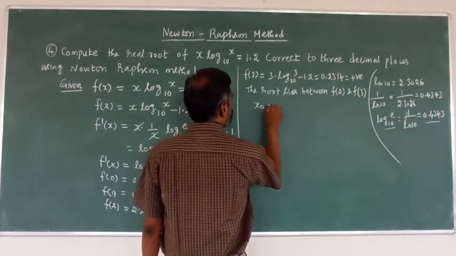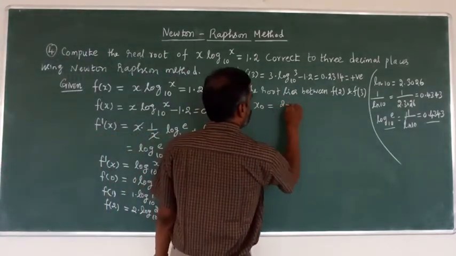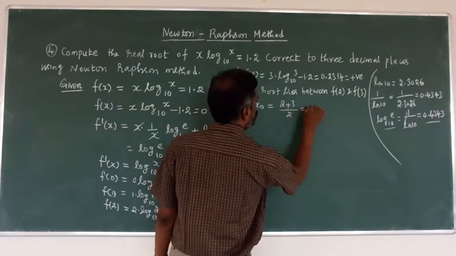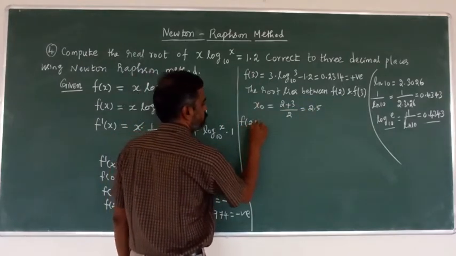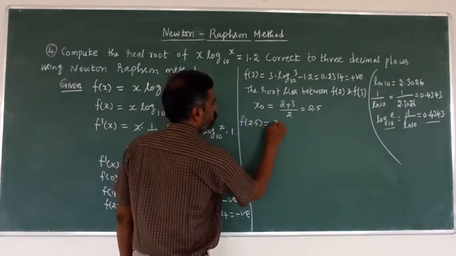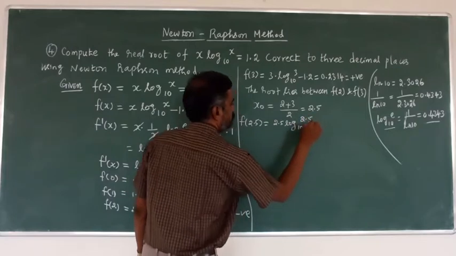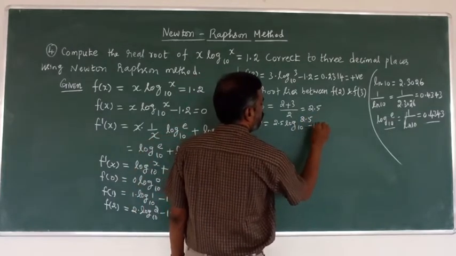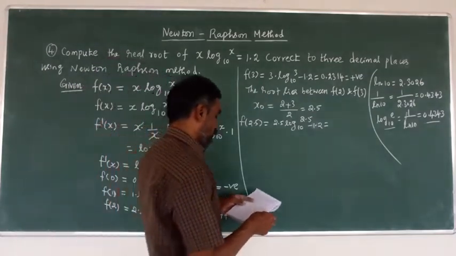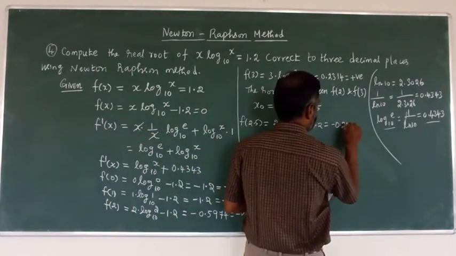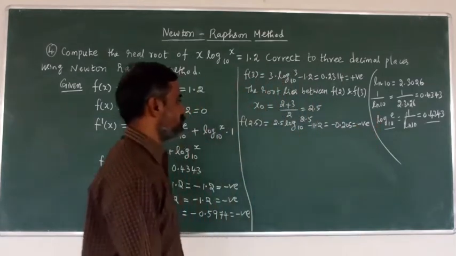Now x₀, we have to take the average, that is (2 + 3) divided by 2 equal to 2.5. Now substitute f(2.5): 2.5 log₁₀ 2.5 minus 1.2, we get the result minus 0.205. This is a negative result.